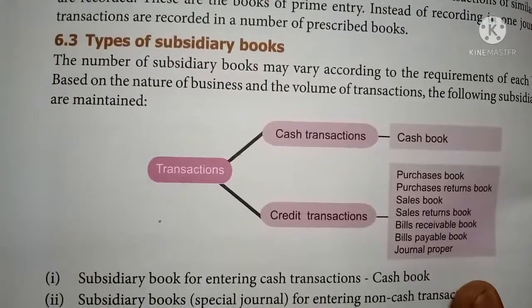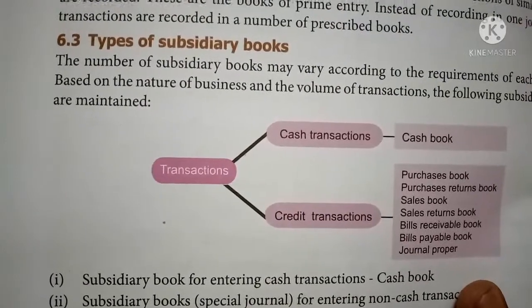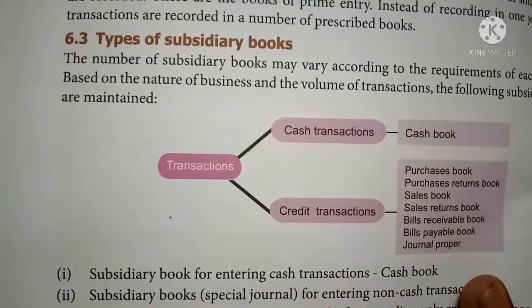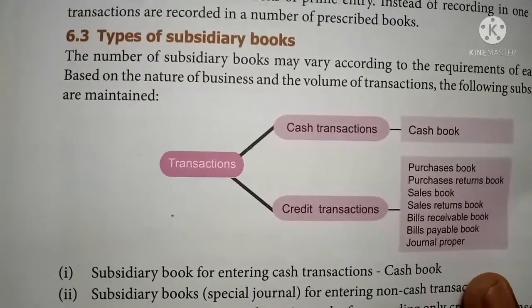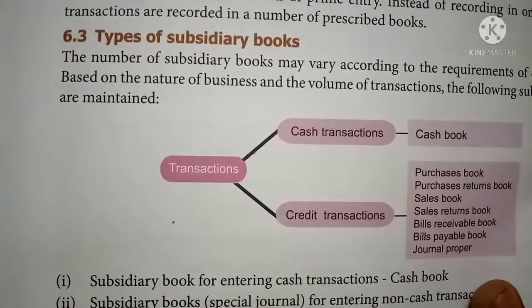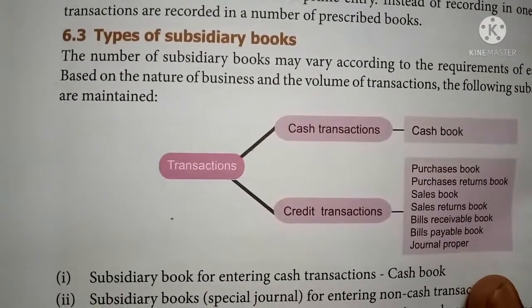All credit sales of goods should be recorded in the sales book, and all credit sales returned by customers should be recorded in the sales returns book. Bill transactions should be recorded in the bills book, whether bills receivable or bills payable.